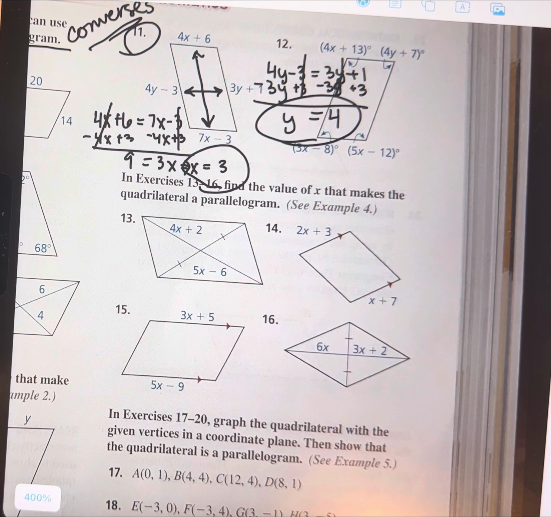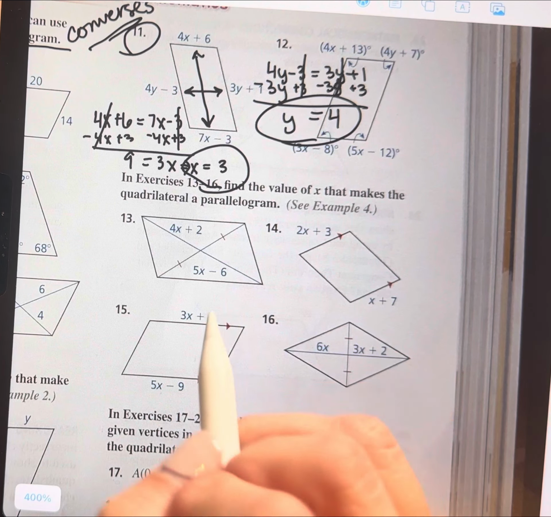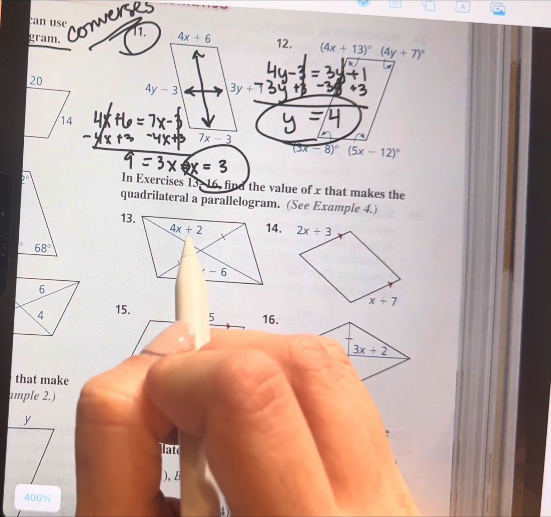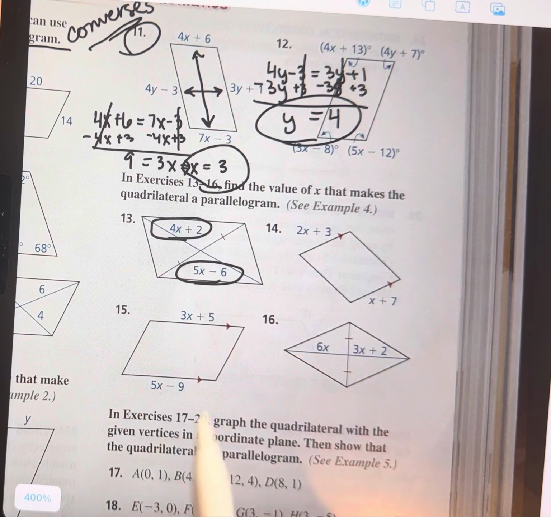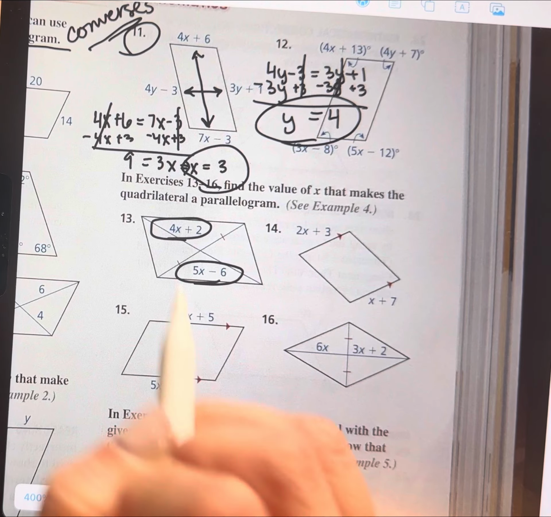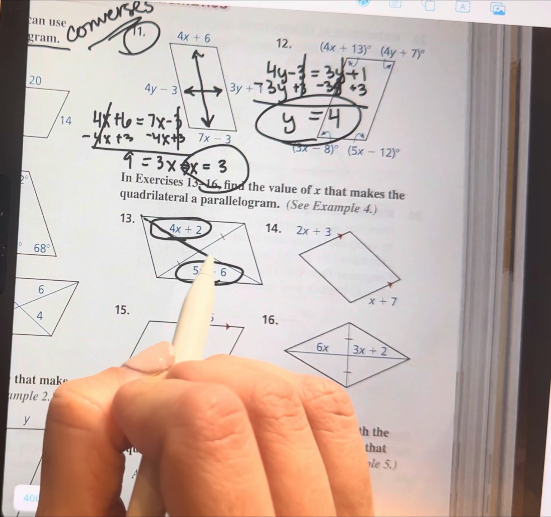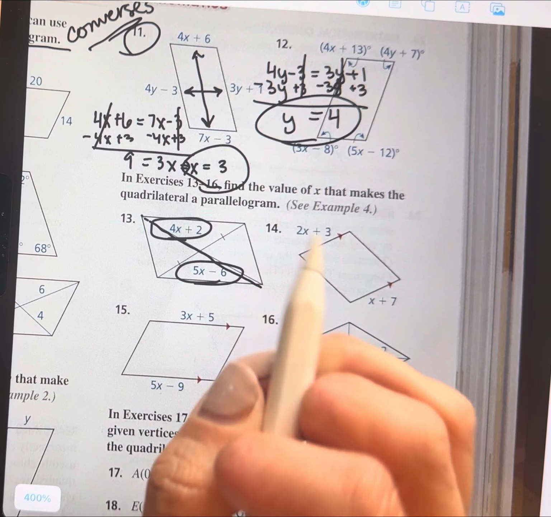Okay, in number 13, same thing, but now instead of using opposite sides and opposite angles converse, we are going to be using the diagonals converse and the opposite sides parallel and congruent theorem. So in 13, we must have these two be congruent to each other because this diagonal has to have been bisected.